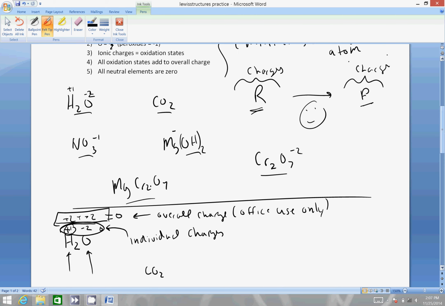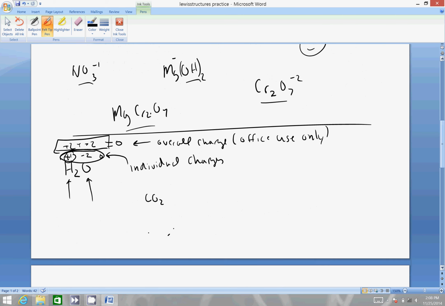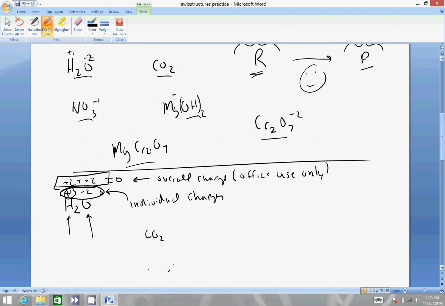If it's a single element, then it's by itself, so we'll add a single element down here in a moment. But in this case, for carbon dioxide, oxygen is a -2. There are 2 of them, for a total of -4. Balancing to a 0 charge, because there's no charge listed, I need a +4. Therefore, there's 1 carbon, +4. That's my answer.